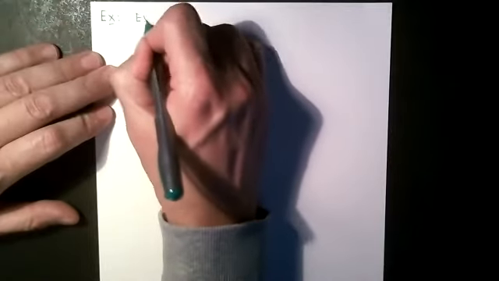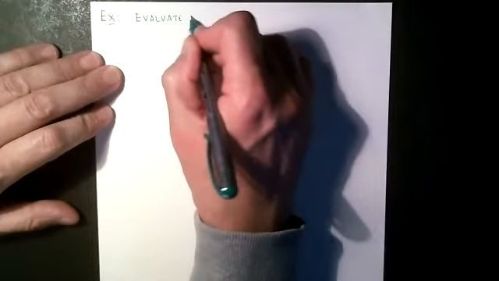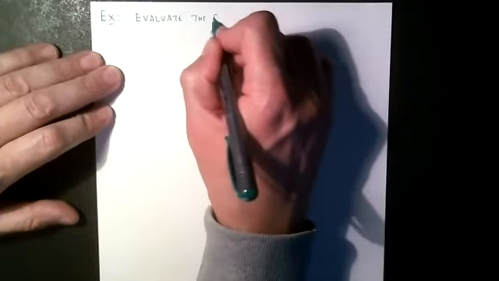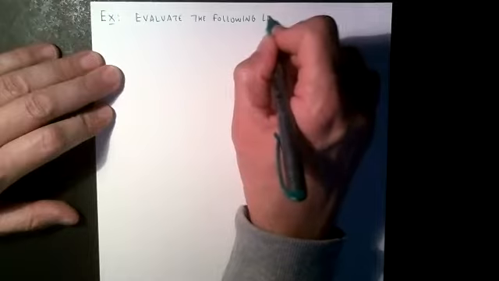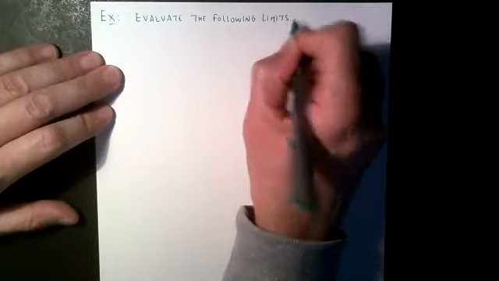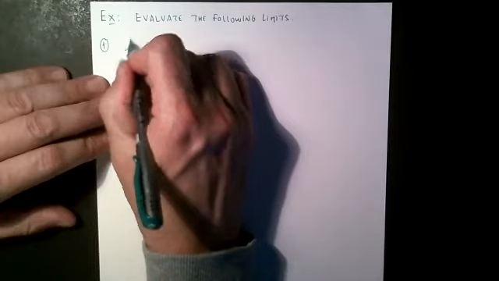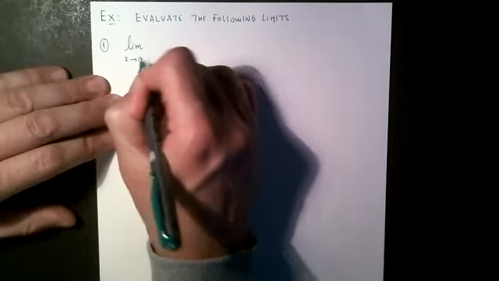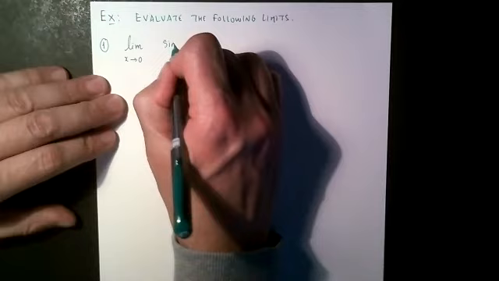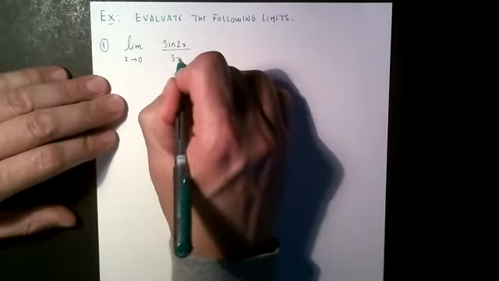So evaluate the following limits. So first, let's start with an easy one. So limit as x approaches 0 of sine 2x over 3x.